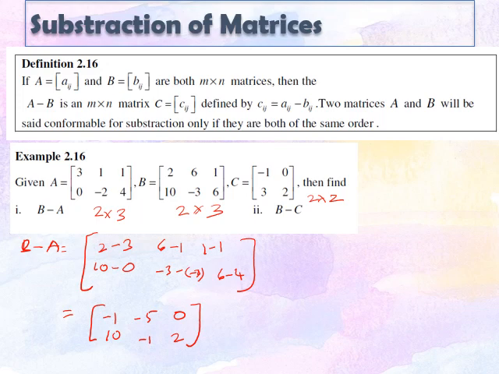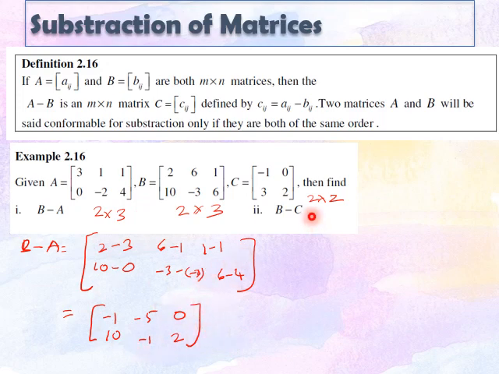So here, 2 minus 3, 6 minus 1, 1 minus 1, 10 minus 0, negative 3 minus negative 2, and 6 minus 4. So we obtain this answer here.